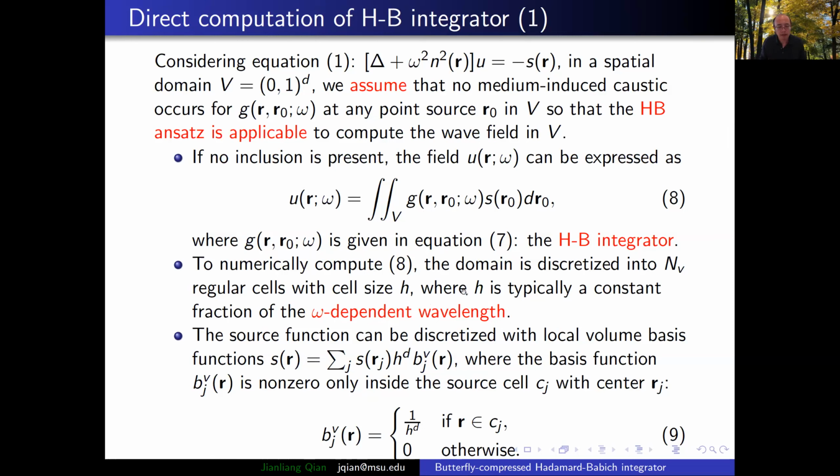The right-hand side function should also be discretized according to the mesh, with some weight function and so on. That's how we discretize this source. This source discretization is very rough, essentially first order. We can develop more complicated discretizations using higher order, which we don't handle here, but that can be done.